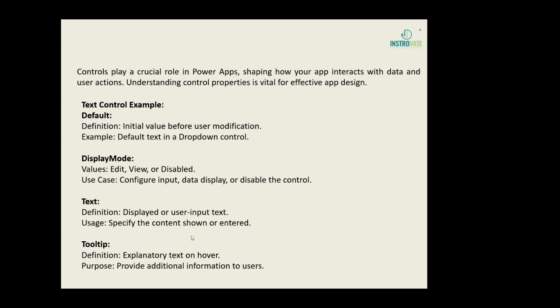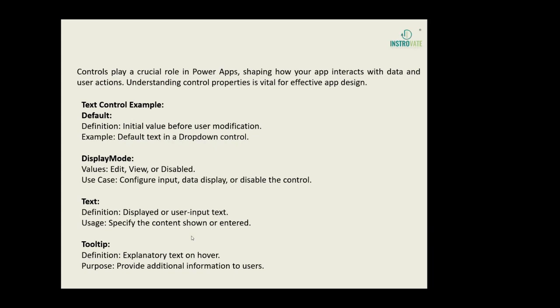Display mode: values can be edit, view, or disabled. The use case is to configure input data, display, or disable the control. Text is the displayed or user input text, and its usage is to specify the content shown or entered.